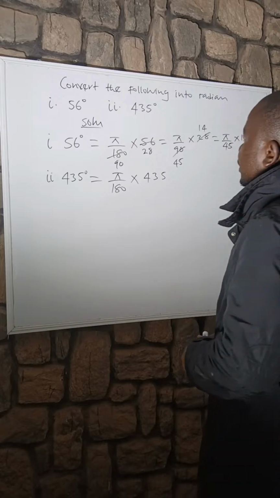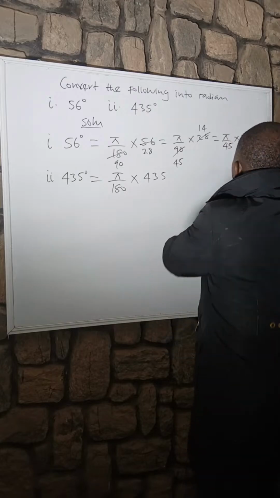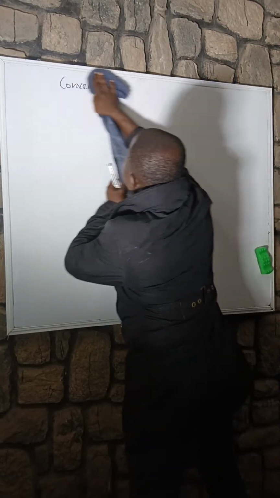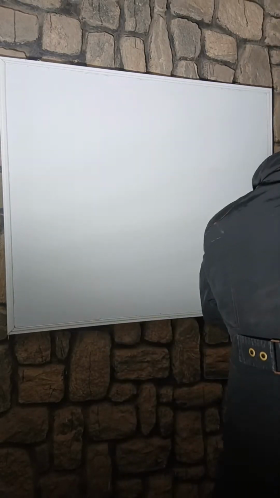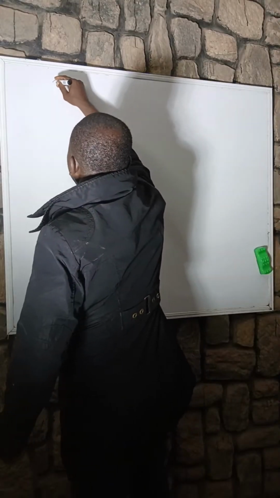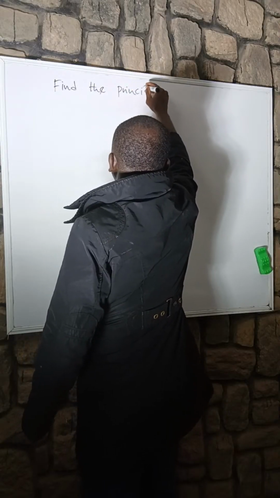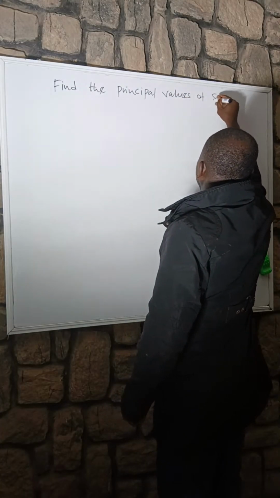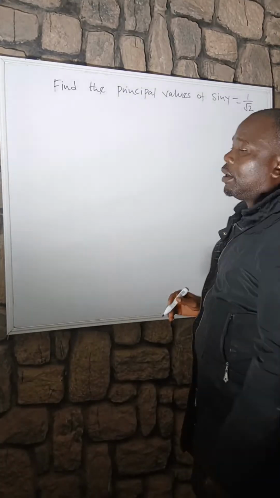One of the questions says, find the principal values of sine y equals 1 all over root 2.